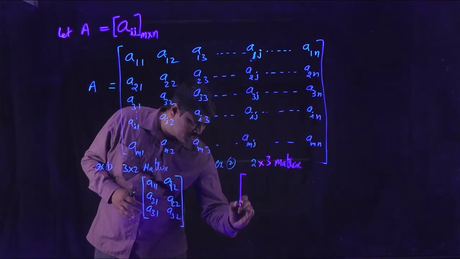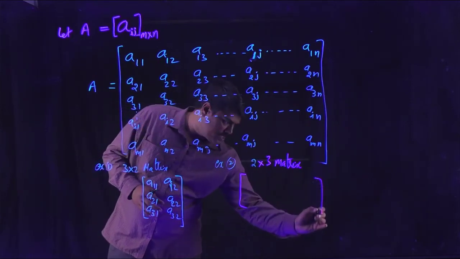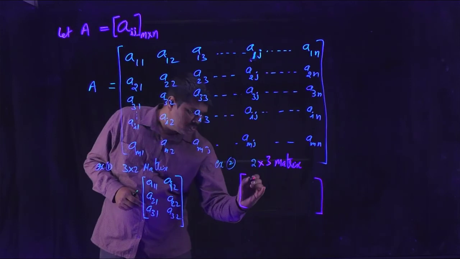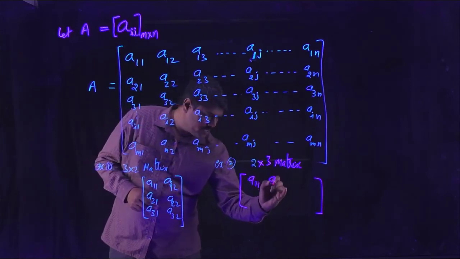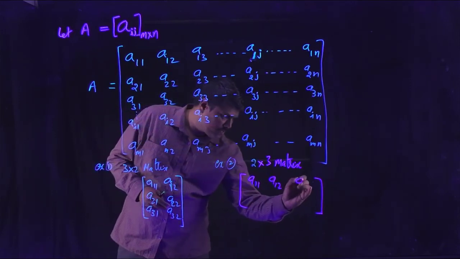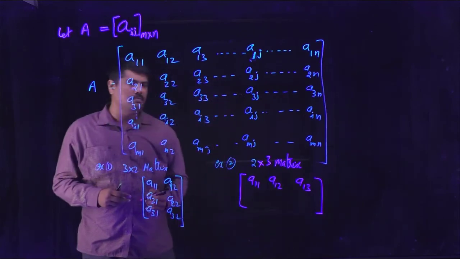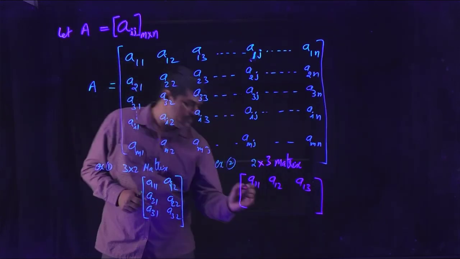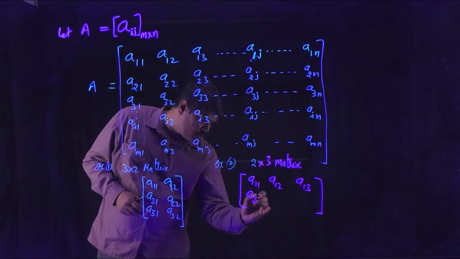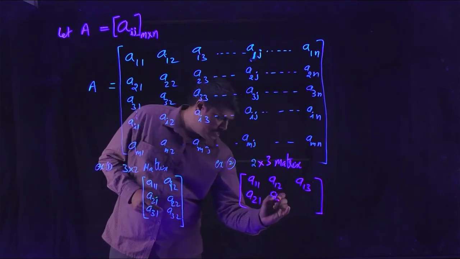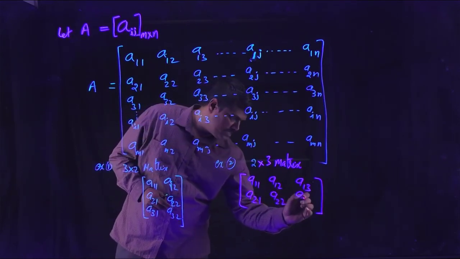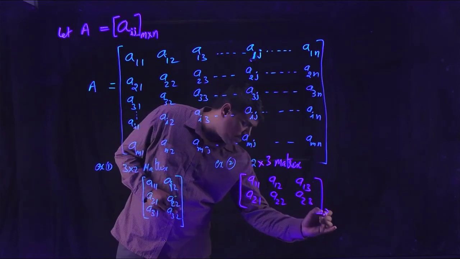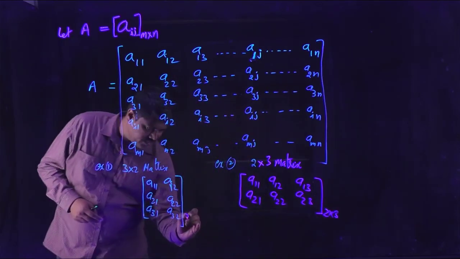This is the first row, first element, first row, second element, first row, third element. So you have reached the maximum column number 3. You have 2 rows: second row, first element, second row, second column element, second row, third column element, so that it is of order 2 by 3. So this is a matrix of order 3 by 2.